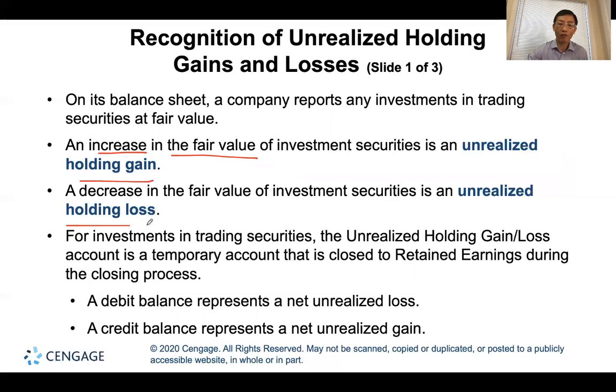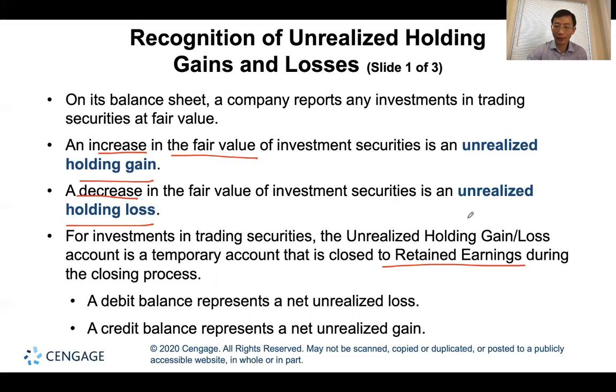Otherwise, we will have an unrealized holding loss. So we need to recognize and measure this unrealized holding gain in the retained earnings.